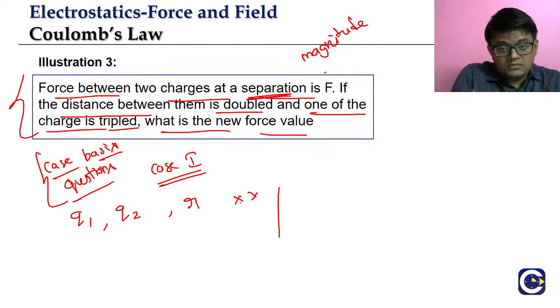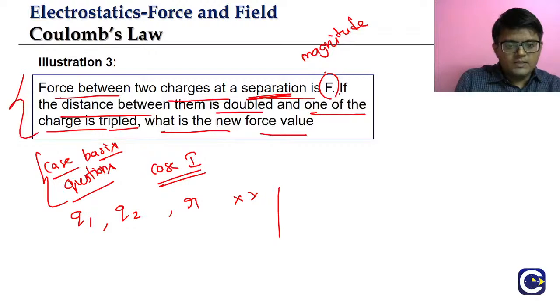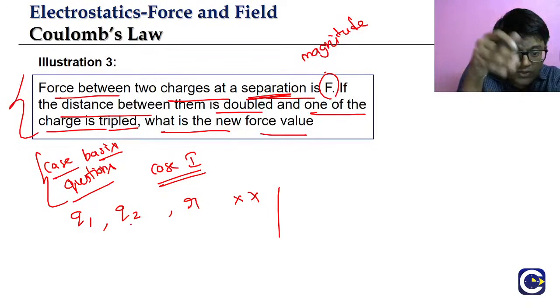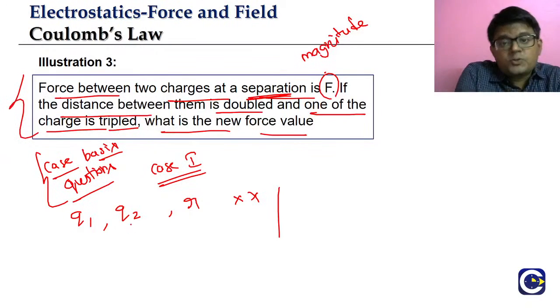In an MCQ exam, all the options will be in terms of F, like 2F. So the final answer should not be in terms of the variables we introduce. But if we do not introduce the variables, we cannot approach the problem at all.